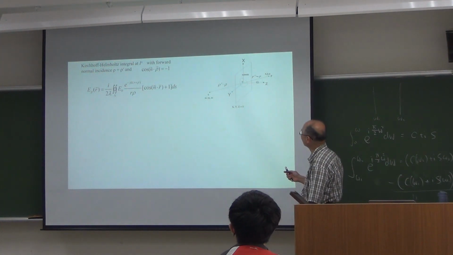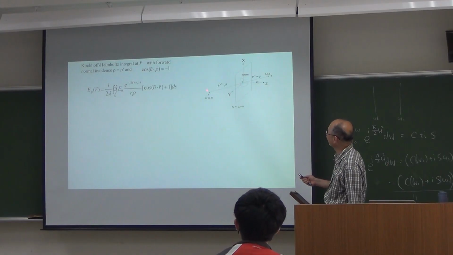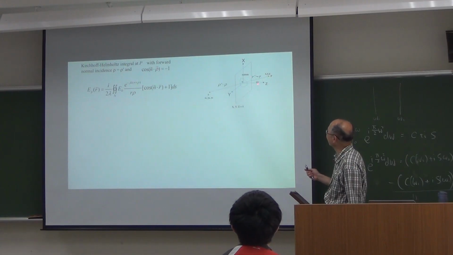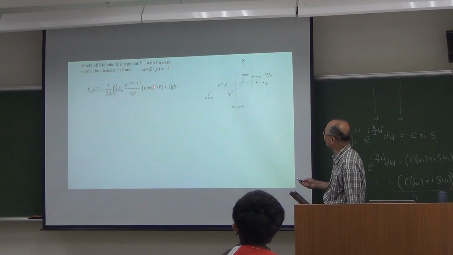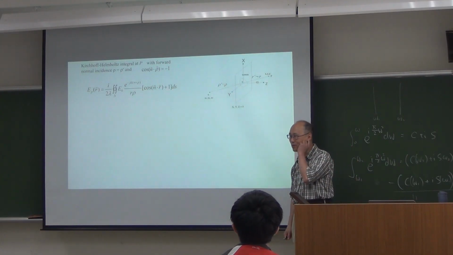And also when we talk about Fourier diffraction, we sort of draw a straight line from S to P, and then make this the angle equal to 0 for normal incidence. Okay, so n dot r is almost 0.